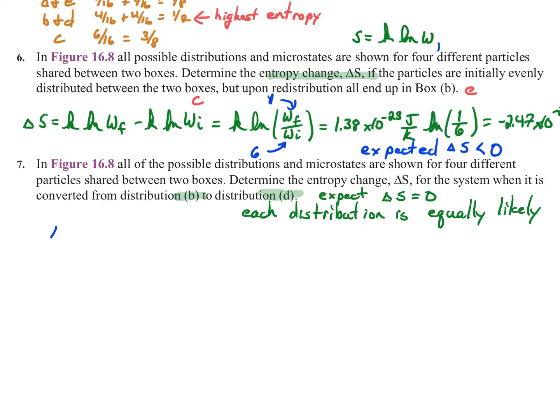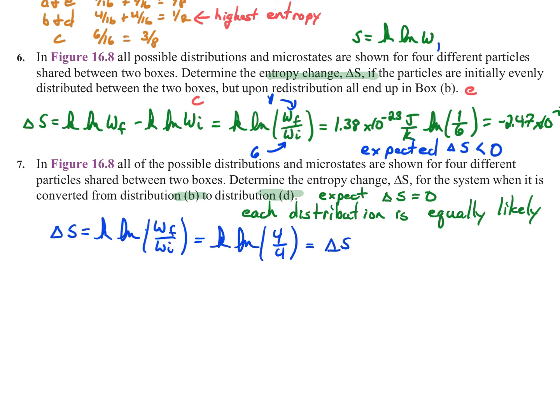So we can do the math. Delta S is K ln WF over WI, which is K ln 4 over 4. So delta S is equal to 0 as expected.